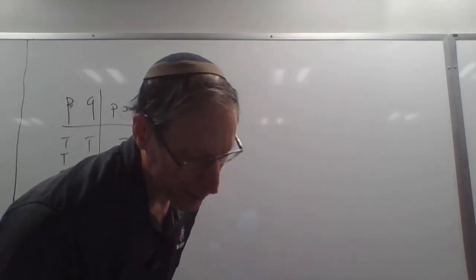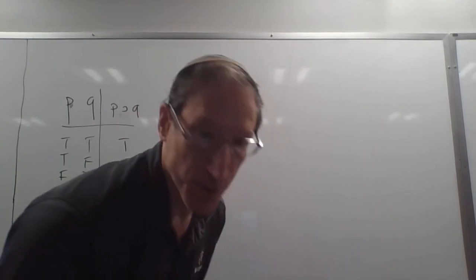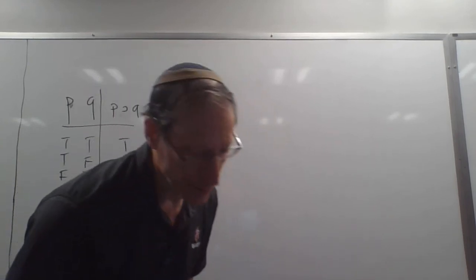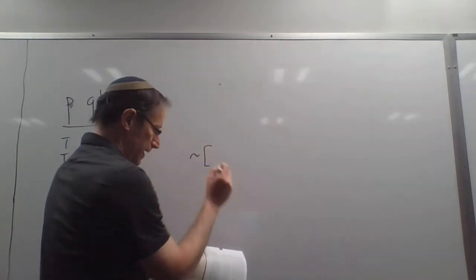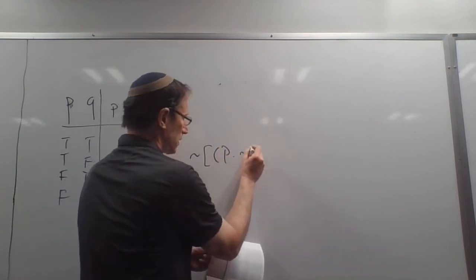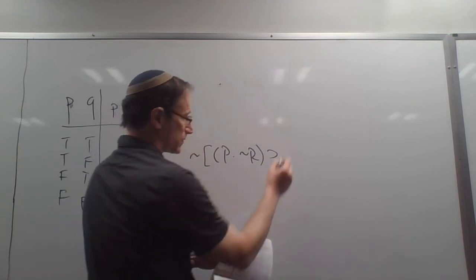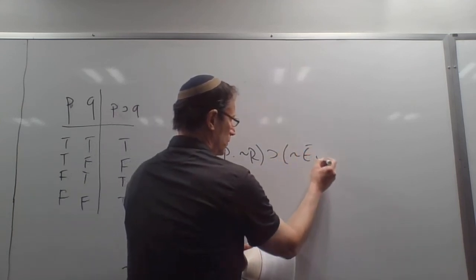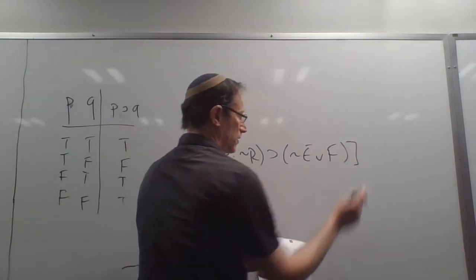Let's try number 6. Number 6 is, let's see if I can get this right: tilde, then we have a bracket, parenthesis, P dot not R, horseshoe, parenthesis, not E wedge F, right bracket.